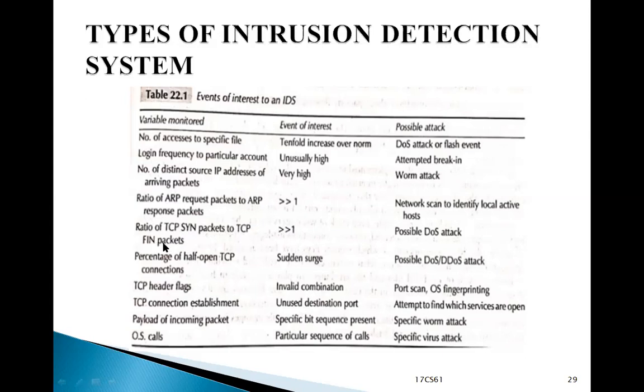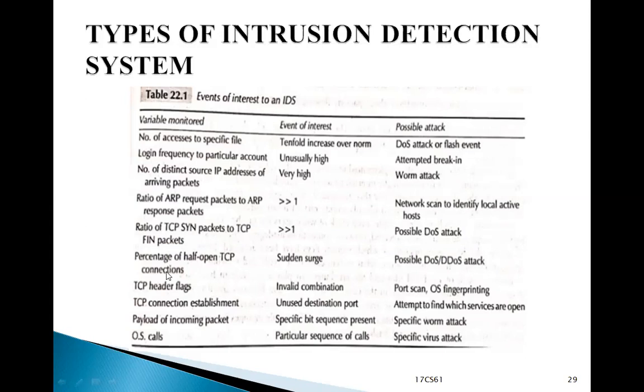And if the FIN flag is set, then it is going to gracefully terminate the TCP connection. So if this ratio of synchronized packets to finishing packets is greater than 1, then the attack is going to be guessed as a possible DoS attack.